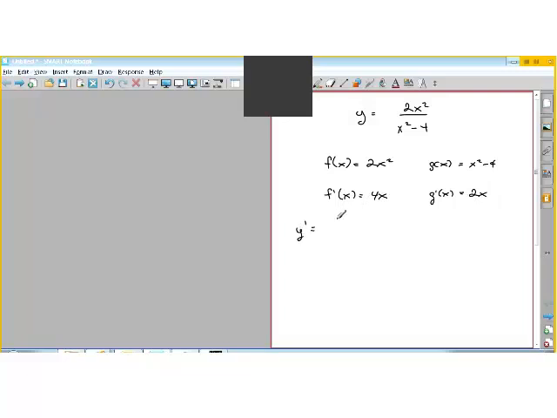So the quotient rule says the first derivative is going to be equal to this product, f prime of x times g of x minus f of x times g prime of x, all divided by g of x squared. So let's multiply this thing out. We'll get 4x cubed minus 16x, and then we get minus 4x cubed.